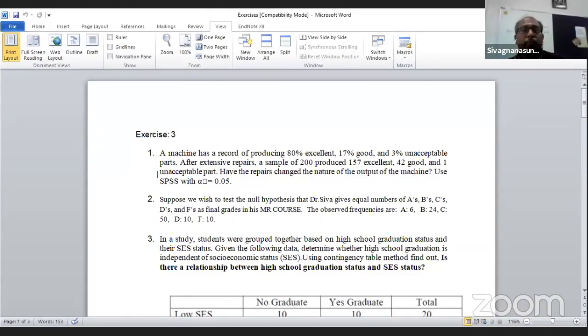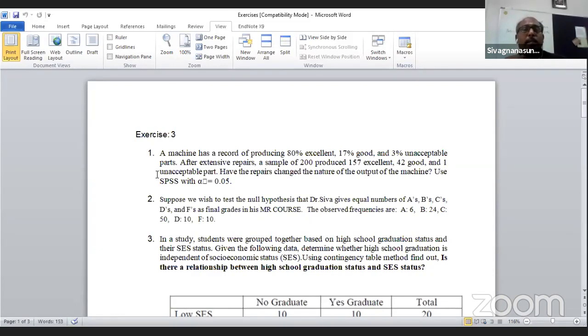The question is, have the repairs changed the nature of the output of the machine? The level of significance is 5%. So I have to check whether the repair is effective or not. If the repair is effective, the machine should be conforming to the standard of producing 80% excellent, 17% good and 3% unacceptable parts. So in order to check that, I'm going to run a chi-square test.